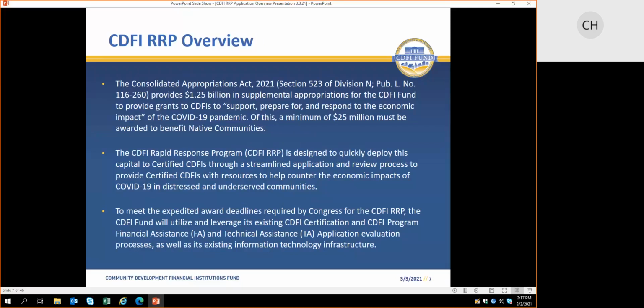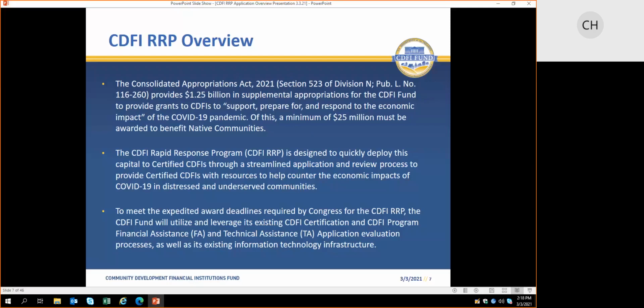In addition to this, Congress required that a minimum of $25 million must be awarded to benefit Native communities. The CDFI RRP is designed to quickly deploy this capital to certified CDFIs through a streamlined application and review process to provide certified CDFIs with resources to help counter the economic impacts of COVID-19 in distressed and underserved communities.